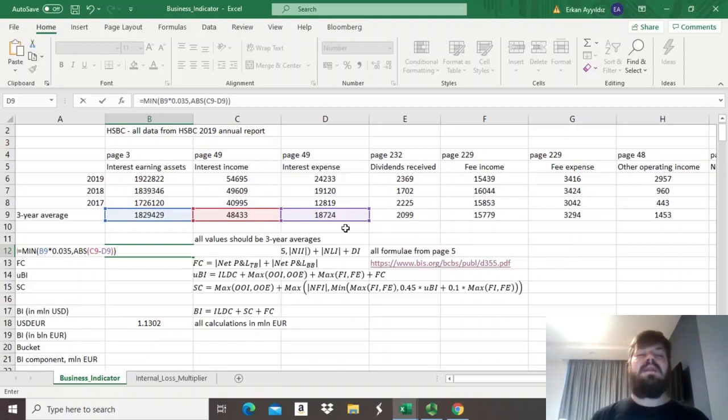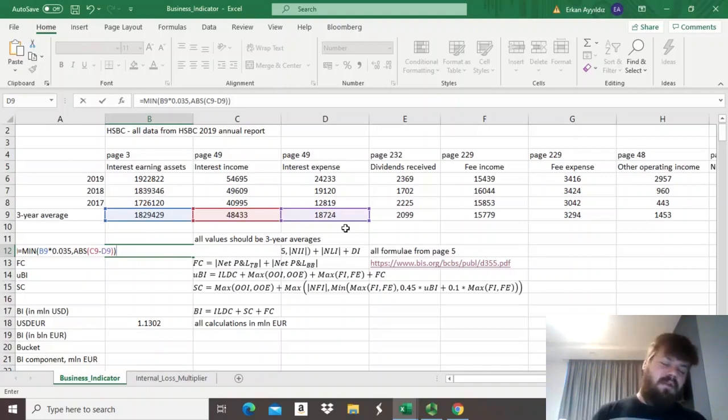In that way, the business indicator measures the size of the bank more accurately. So it measures not how high its interest margin is, but rather how much it can earn from its interest earning assets. That is basically the logic.